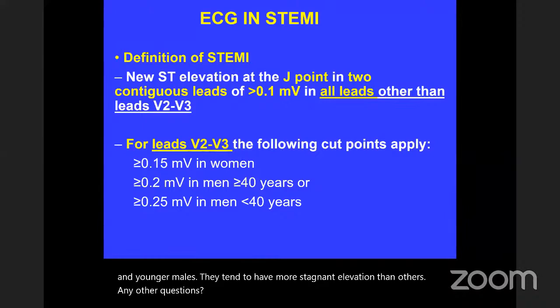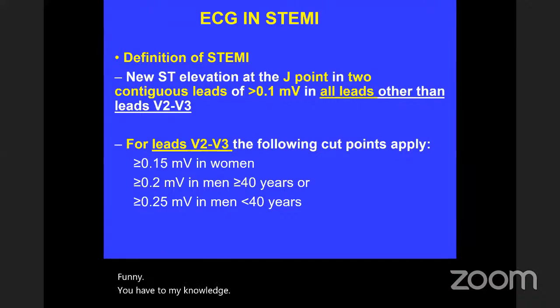In ECG post-CABG, what is the difference in interpretation for those patients? Is it the same approach, ST elevation, ST depression? Yes, it is the same. There's no difference, so we still treat them the same.